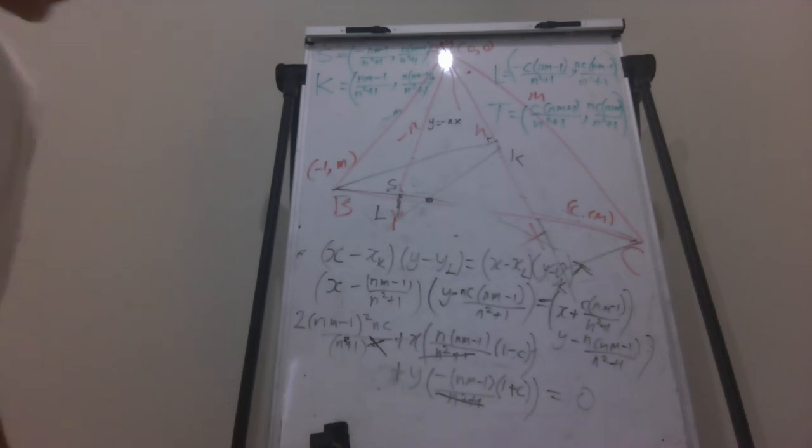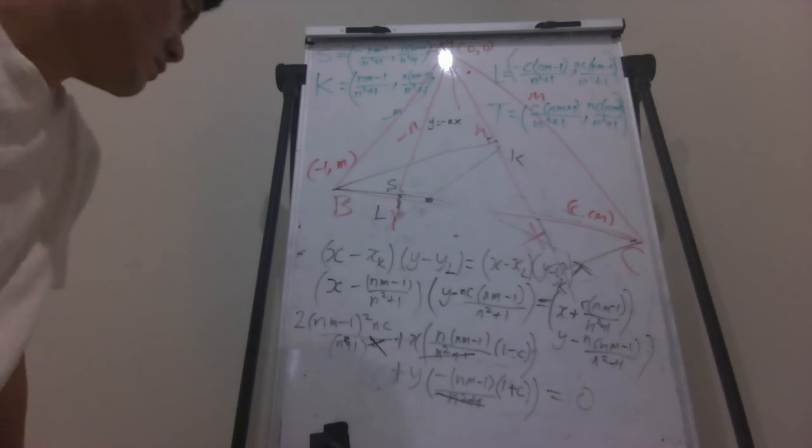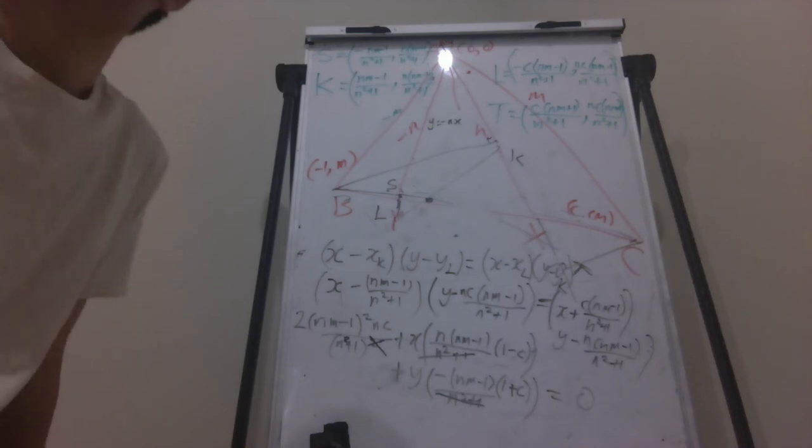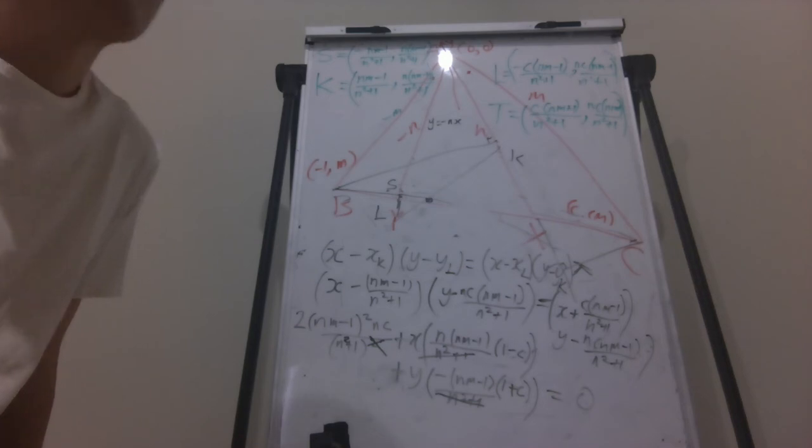Okay, so what would that equation be? And I guess you could also divide it by nm minus 1, yeah? So how do we know nm is not equal to 1? What would it mean if n times m was equal to 1?